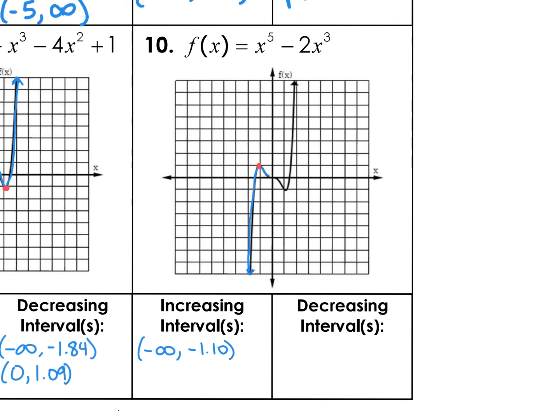Remember, this is a point of inflection here, but my graph isn't actually changing direction. So I continually decrease, so I don't have to actually worry about that. Even though I'm changing shape, I'm not changing direction. I continue to go down to this point here. And so I'm decreasing between negative 1.10 and that point is positive 1.10. And then after that, I increase for the rest of the graph. So from 1.10 to infinity.